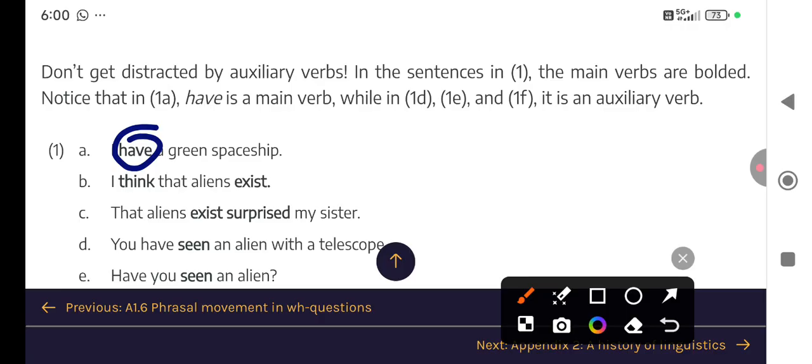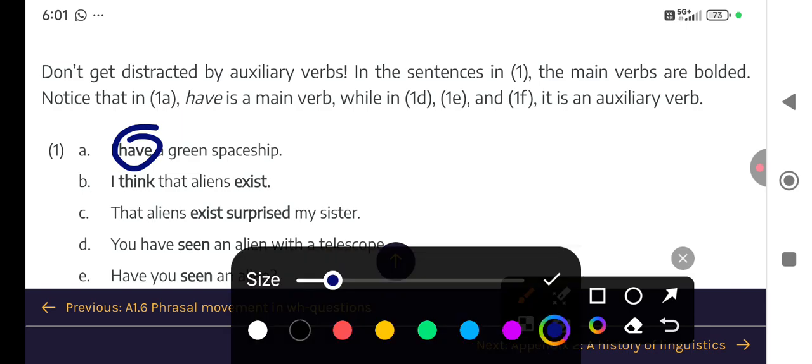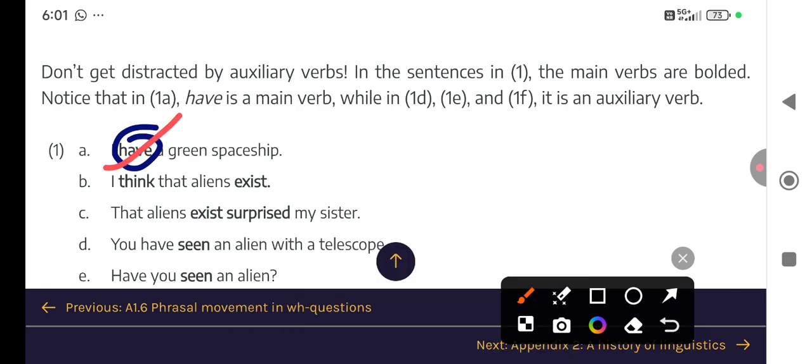So in this way, in first sentence A, this have is the main verb, while in 1D, 1E, 1F, it is an auxiliary verb.